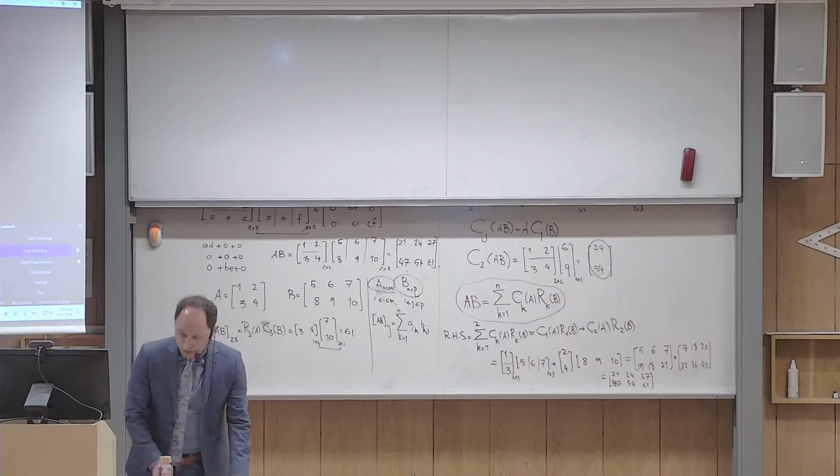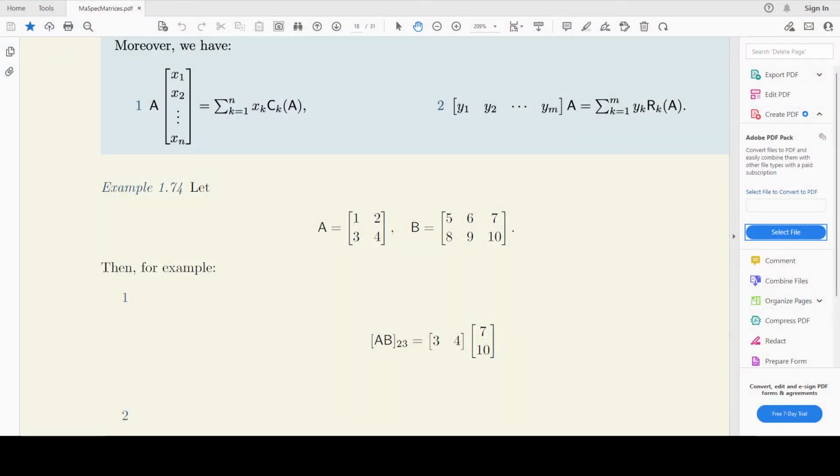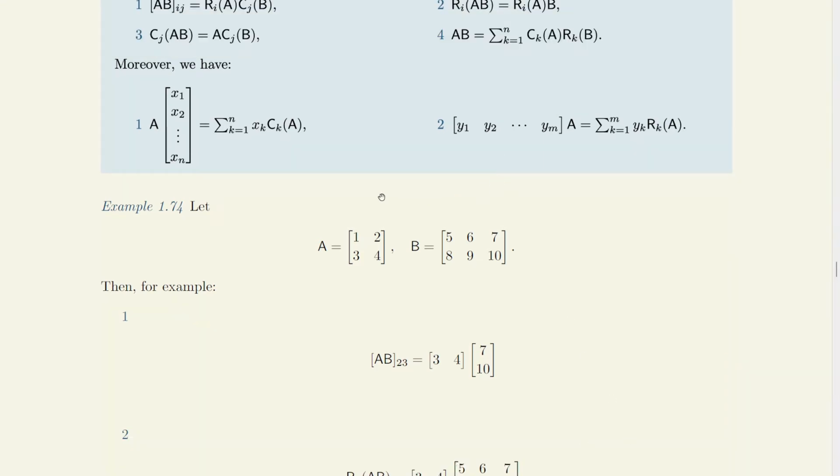Okay, now if I switch back, there are two more items here. The next one is not that important. Usually this doesn't appear that much in linear algebra, but this is extremely important because a lot of times we want to multiply a matrix into a column matrix. This appears a lot.